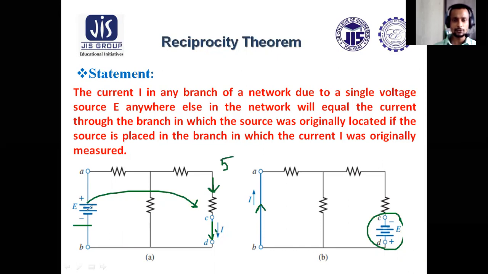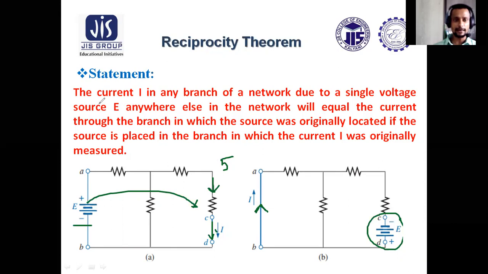Then if the voltage source is placed in the branch through which we measured the current before, then the current through the path in which the voltage was initially connected will be the same.